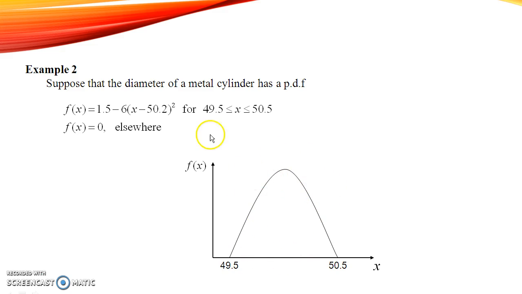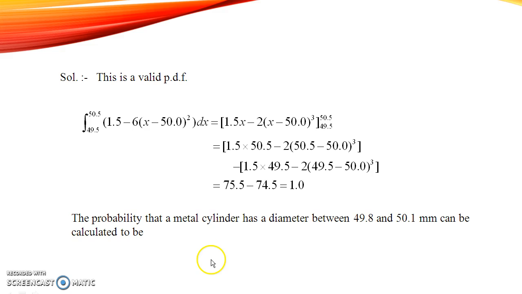In a discrete random variable the integer values are given, but in a continuous random variable a range is given. So f of x is equal to 0 elsewhere. Beyond this range of 49.5 to 50.5, the density function f of x is always 0.